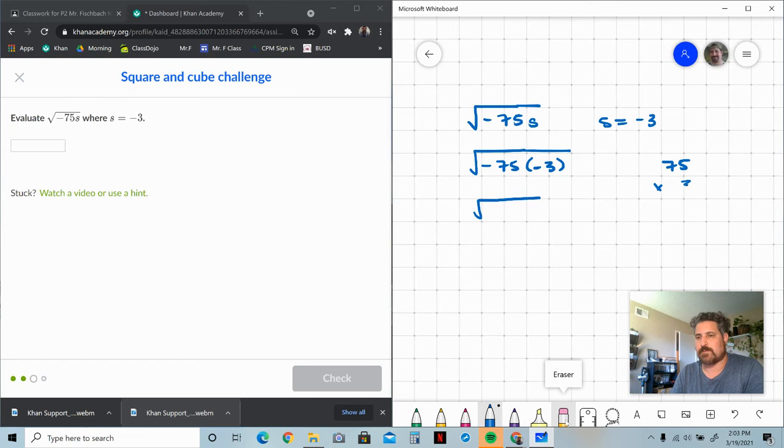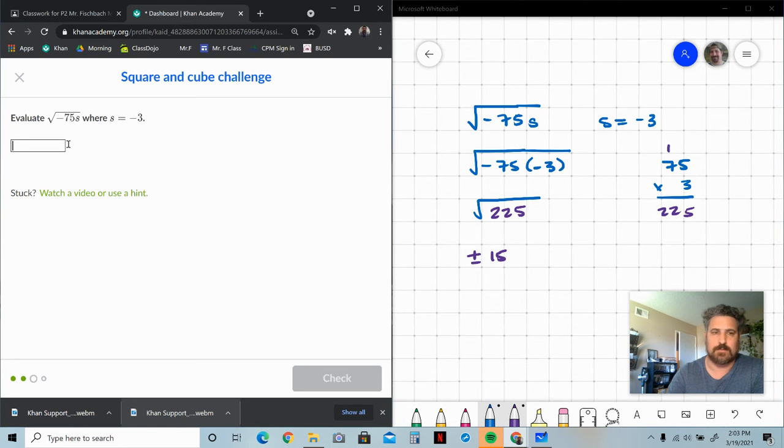Now, 75 times 3 is going to be 225. This is positive 225. So it's the square root of positive 225, which is plus or minus 15. So the answer here is just plus or minus 15. It doesn't have the plus or minus button, so I'm just going to do 15.